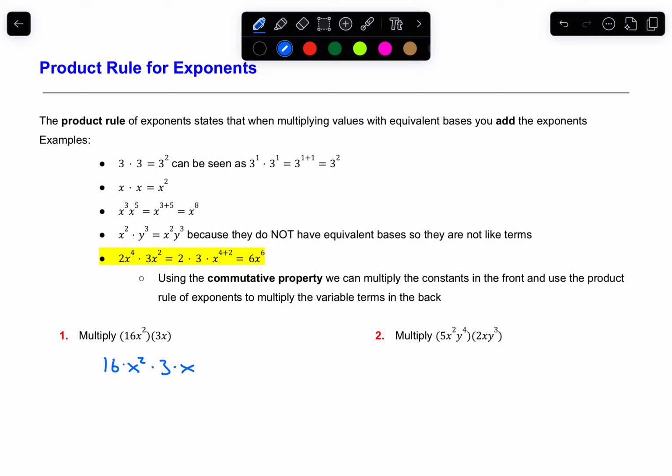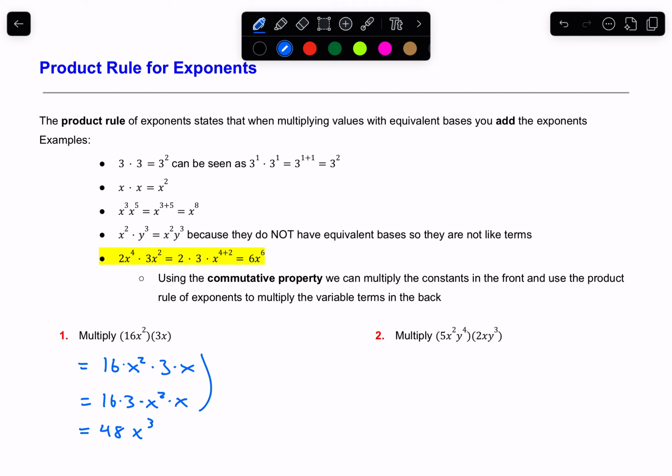And because it's all multiplication, the commutative property allows us to put the 16 and the 3 in front, and the x squared and the x in back. Then 16 times 3 is 48, and x squared times x to the 1 is x to the power 3 because I add the 2 and the 1. But in the next one, I'm not going to write either of these first two steps here. We can just skip that and go straight to the answer, 48x cubed.